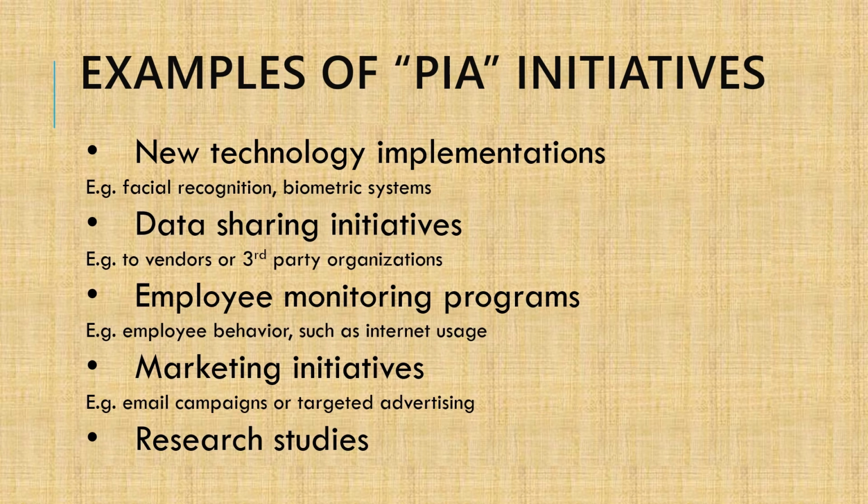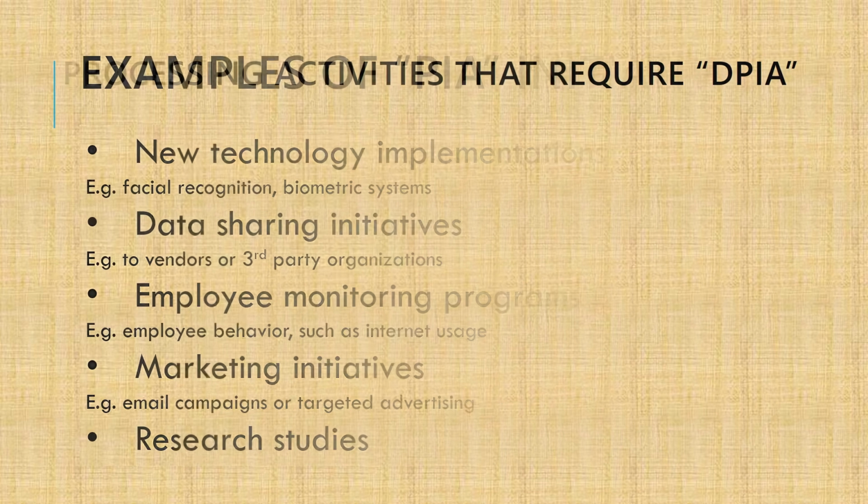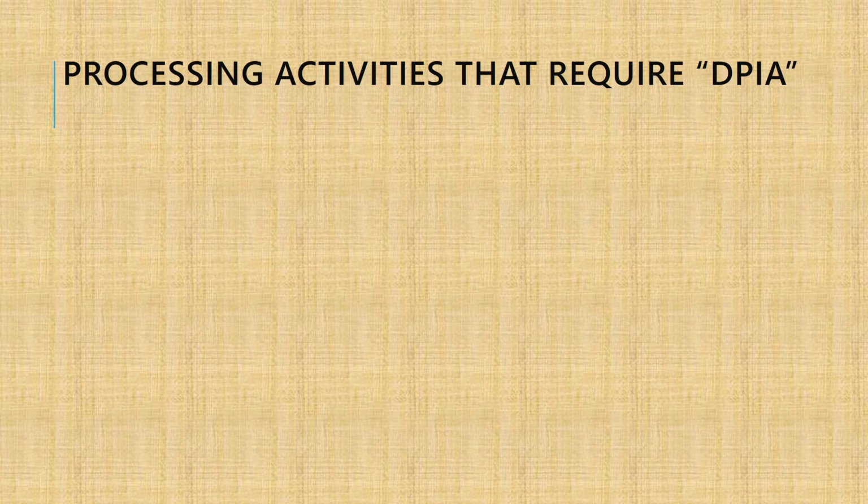Alright, now let's move on to see what are the data processing activities that require a DPIA. Under the GDPR, organizations are required to conduct a data protection impact assessment for any processing activity that is likely to result in a high risk to the rights and freedom of individuals.